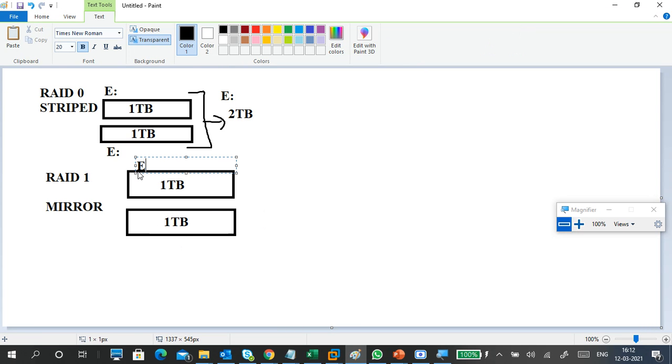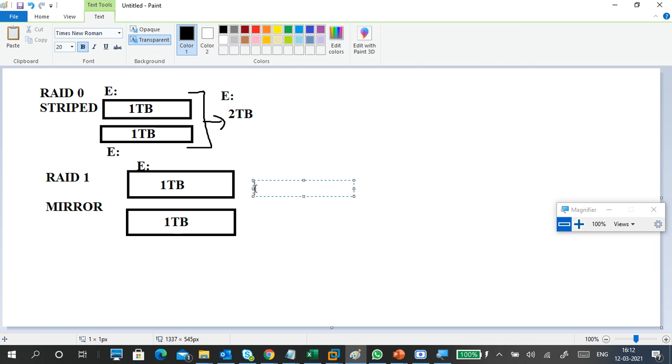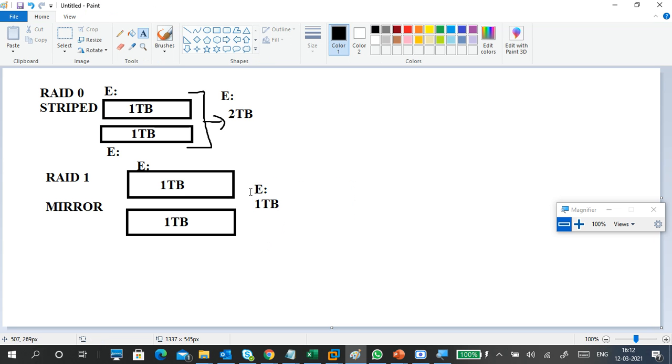This is for example E drive. Of course, now everything becomes one E drive only. The size of the E drive now is nothing but 1 terabyte only. We are combining two disks into a single volume, but the resultant is 1 terabyte only.